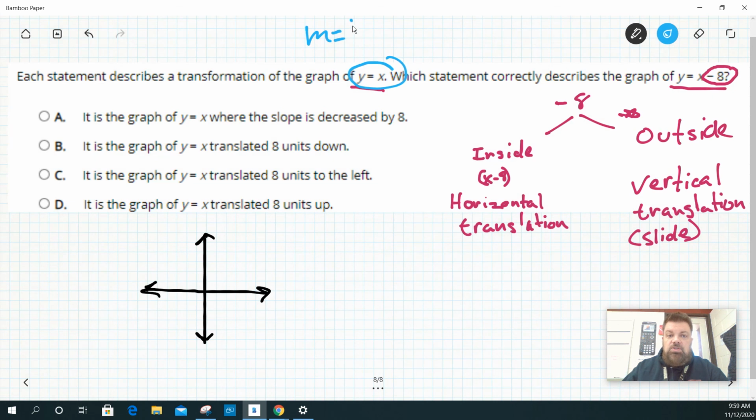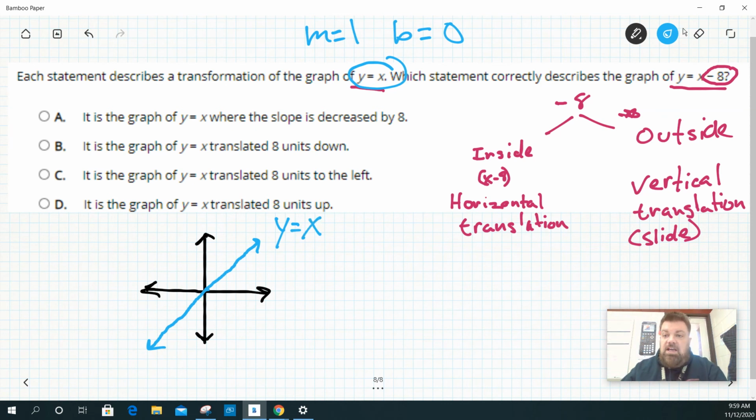So the slope is equal to 1, and the y-intercept is equal to 0. So this goes through the origin, and it goes up 1 over 1, up 1 over 1. So it's the diagonal line, right? Up 1 over 1, or down 1 over 1 in the opposite direction, okay? So this is y equals x.